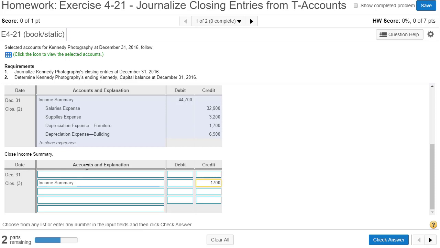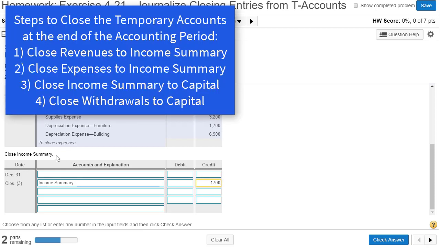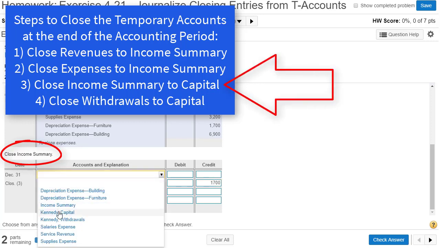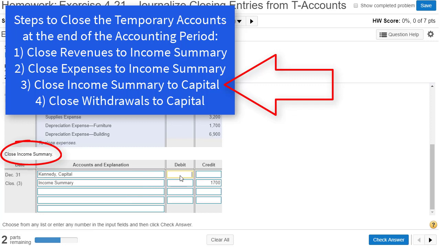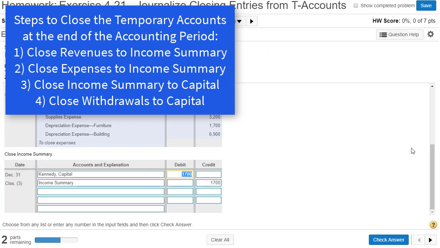Now, we need to remember in our closing steps, this is step 3, where do we close income summary to? We close it to capital. 1,700. Now, you should double check. Which way is capital going? Capital, if it's being debited, capital is going down. So that must mean this income summary must have contained a net loss.